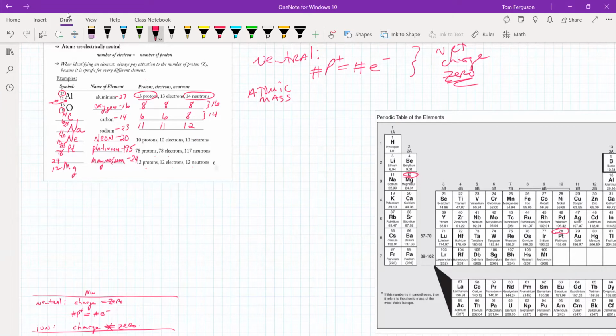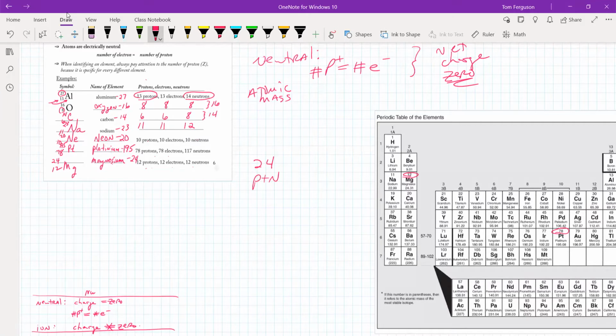Now, the atomic mass is this number here, superscript. So for example, on the bottom one here, for magnesium, the atomic mass for magnesium is 24. That's P plus N. And that's the isotope, magnesium 24.